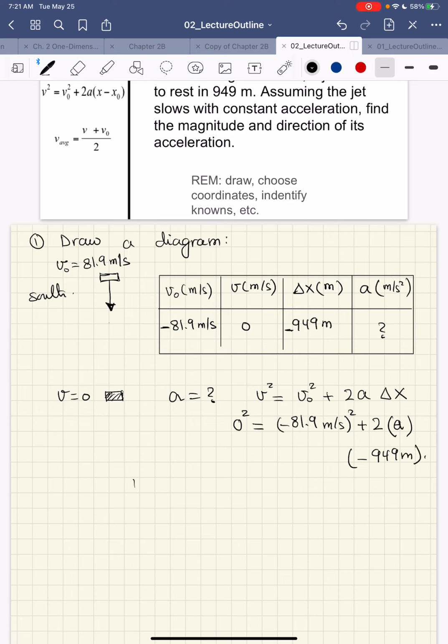From that, let me do this in more steps so that you will not be confused. 0 equals, I need to square that number.